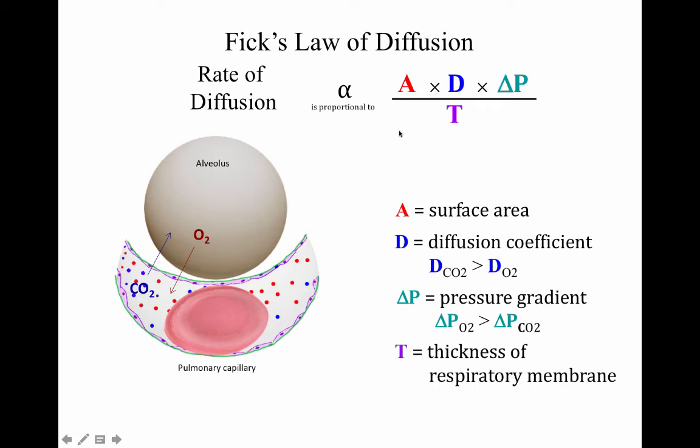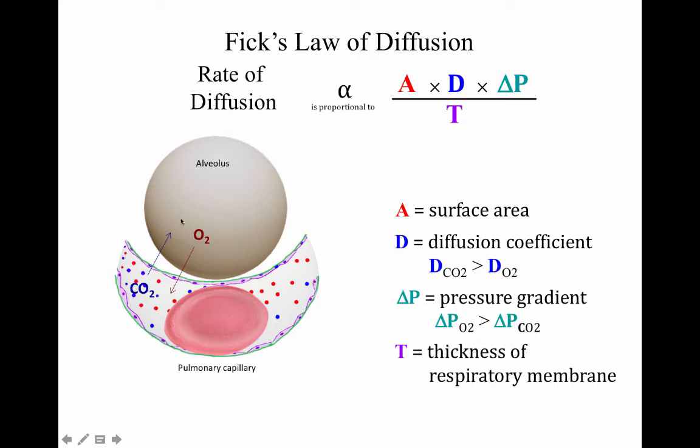So effectively what Fick's law says is that if we have more surface area and we have a diffusion coefficient that is favorable with a change in pressure that's high enough and a respiratory membrane that's thin enough, we're going to have a high rate of diffusion.